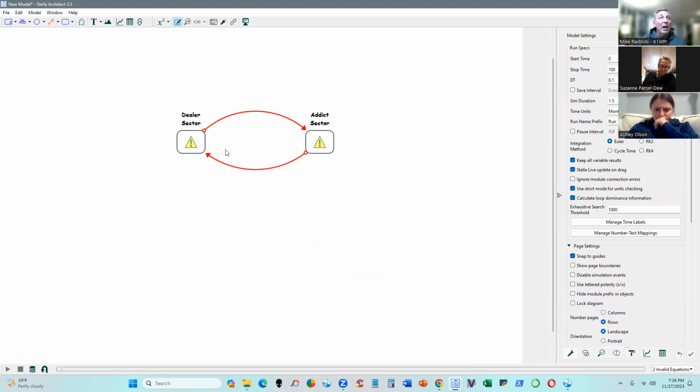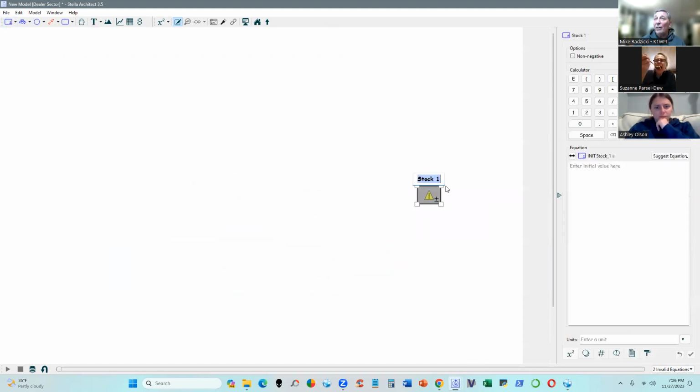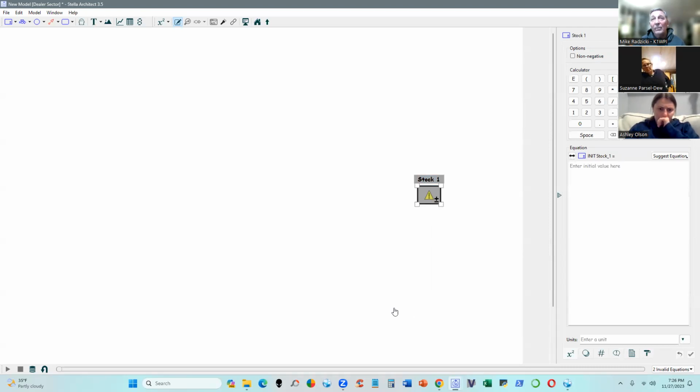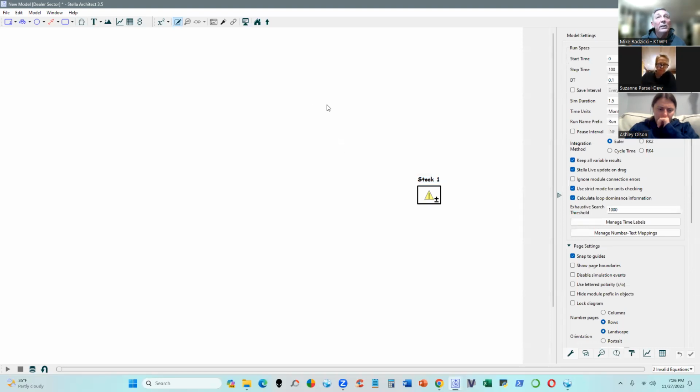Okay. On the dealer side over here, one thing we can do is we can take a stock and plop it down off to the side here, right? And I'm going to right click and I'm going to say accepts input. It's a stock that accepts input from another sector. Oh, sorry.